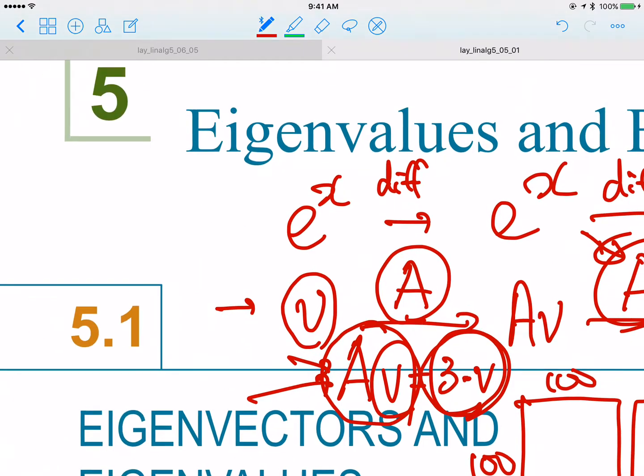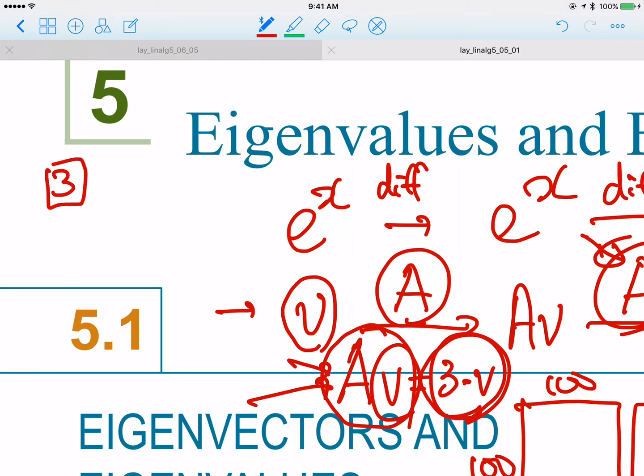But 3 times v, we have 3 and we have vector v. So let's think about how many multiplications and additions we should do. So we have 100 numbers. It's quite simple. We just multiply 100 times, right? Just 100 times. That's it.